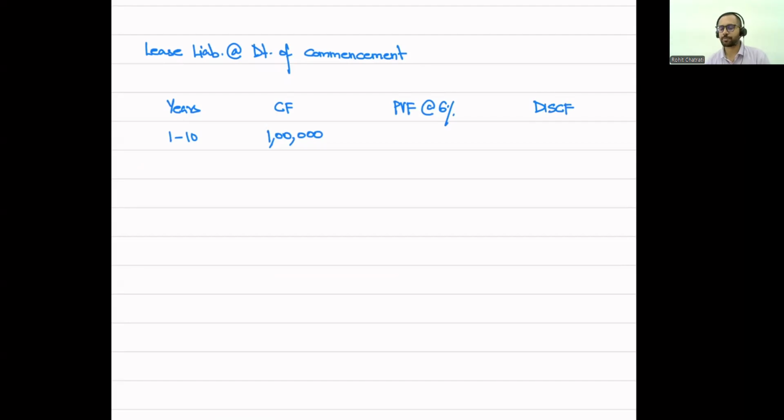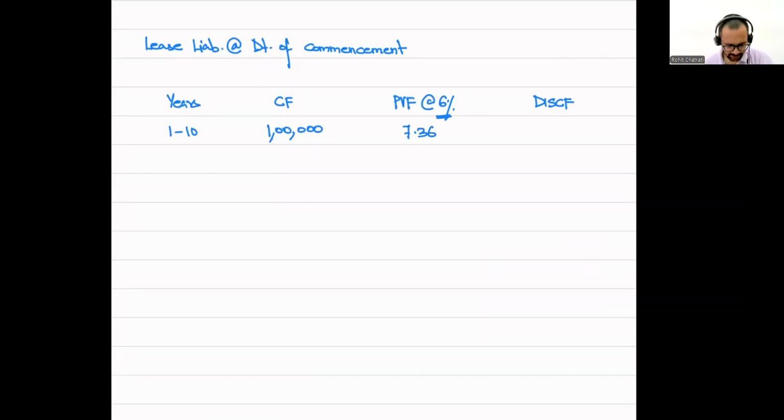The present value annuity factor at 6% for 10 years is 7.3601. So the discounted cash flow is 1 lakh multiplied by 7.3601, which is equal to 7,36,010 rupees. So the lease liability as on the date of commencement would have been 7,36,010 rupees.